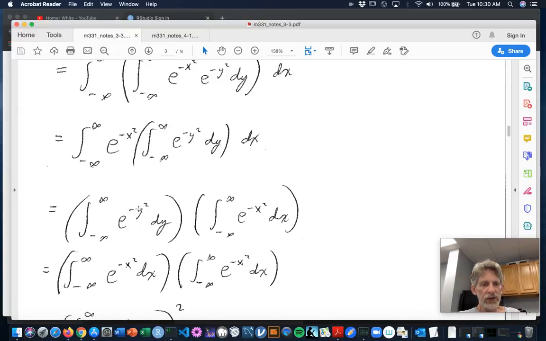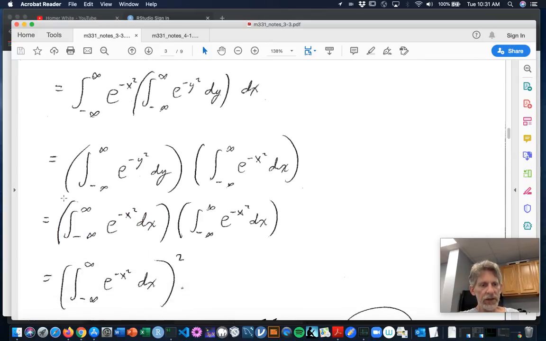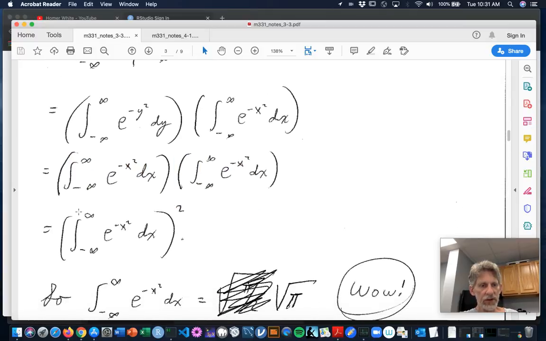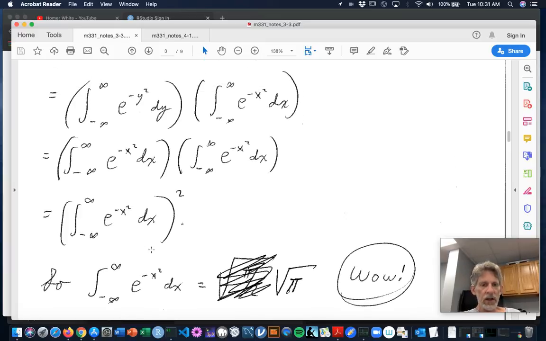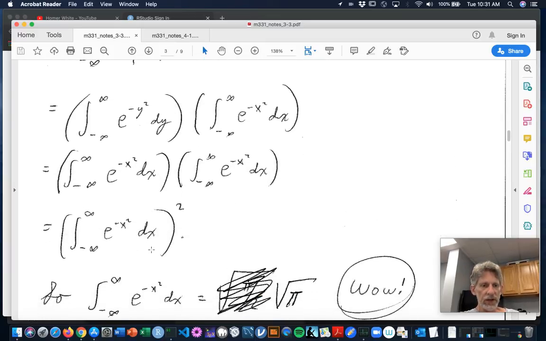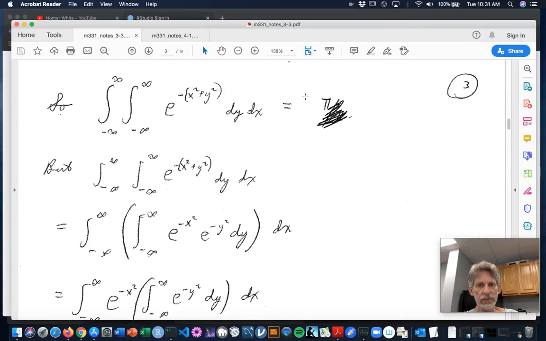So I'm just going to go ahead and change the dummy variable from a y to an x here. And so now I've got the exact same quantity multiplied by itself, so it's the thing squared. And so what I've learned is that the square of that is pi.